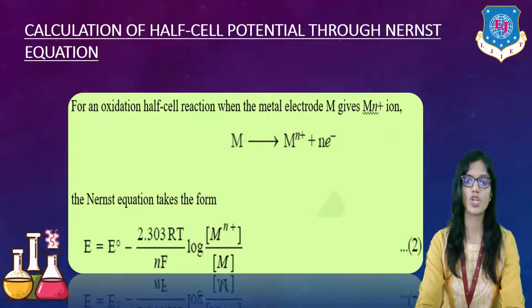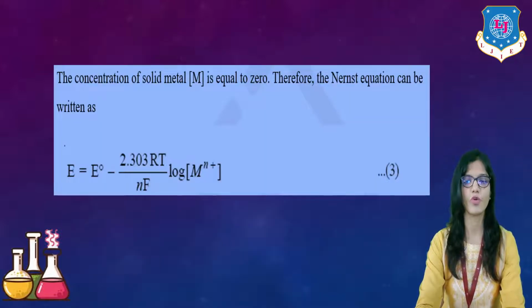Now the concentration of solid metal M is taken as 1. Therefore the Nernst equation can be written as E is equal to E0 minus 2.303 RT by nF into log of the concentration of M n plus. This is equation number 3.